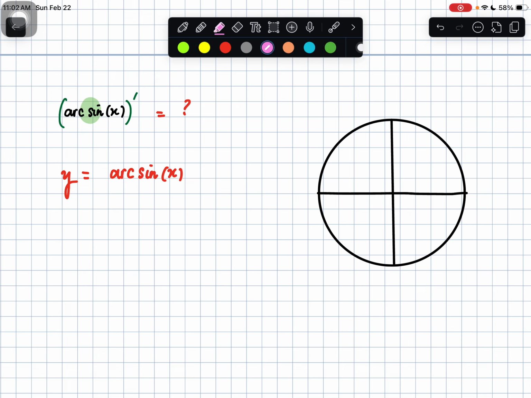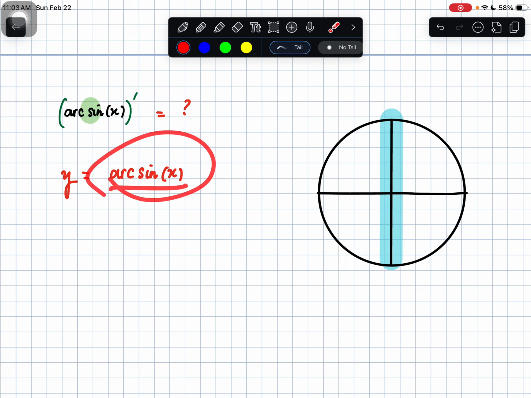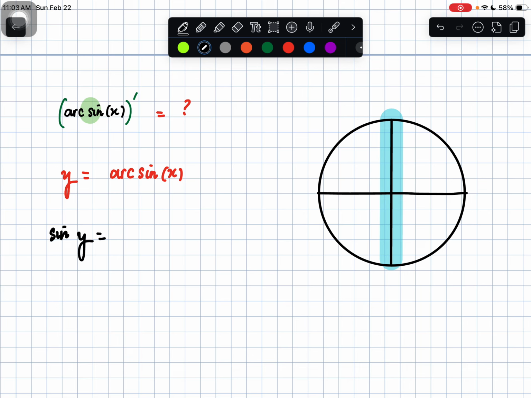The vertical line here corresponds to the y-axis, from -1 to 1. Our sine is an angle, so sine of y equals x, because these two functions are inverse functions of each other.